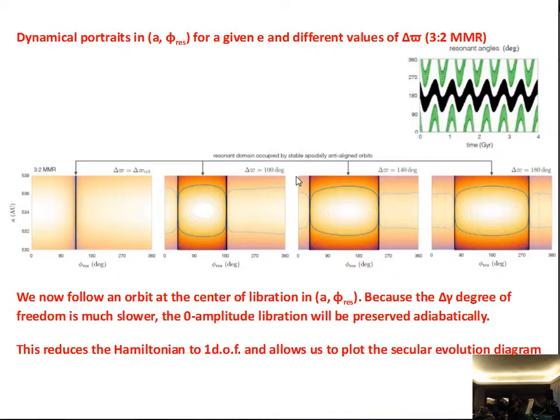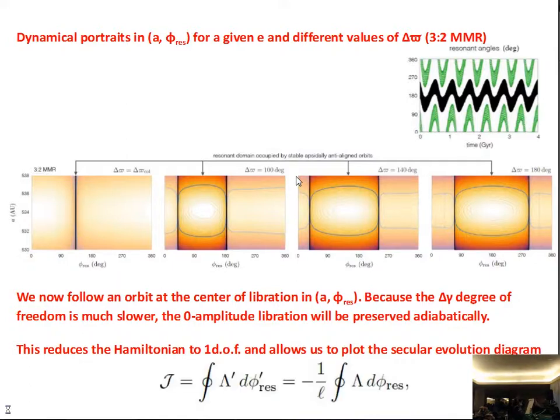So we can follow an orbit at the center of this libration, and as delta varpi and the eccentricity change, my orbit will always follow the center of this resonance wherever it goes. This allows us to reduce the Hamiltonian to one degree of freedom, just the secular degree of freedom, that I will show in a second.